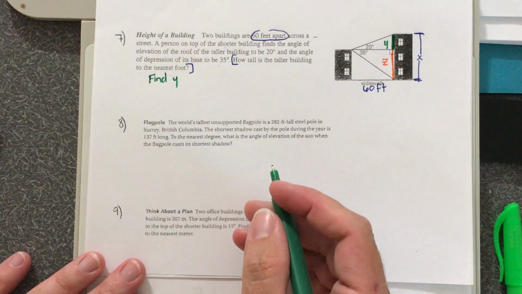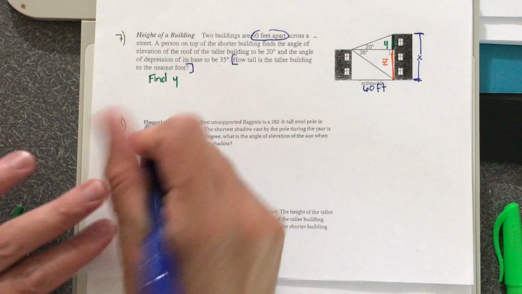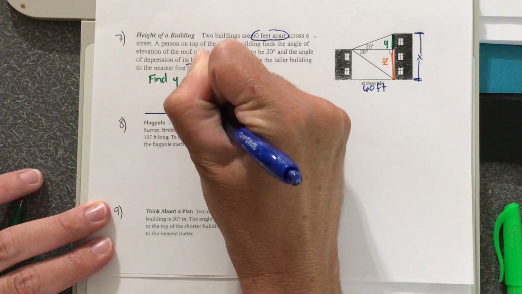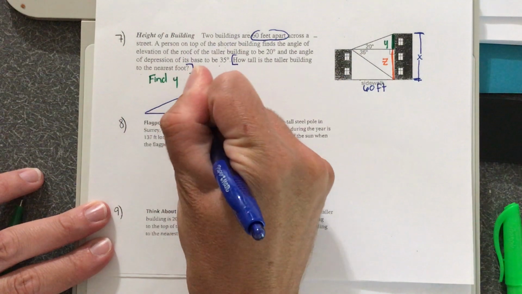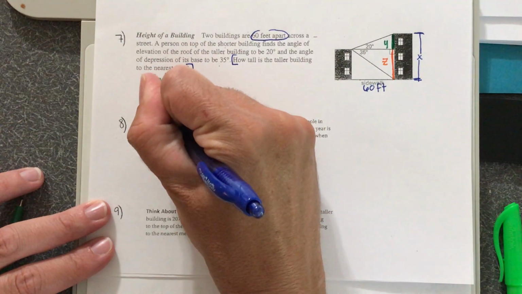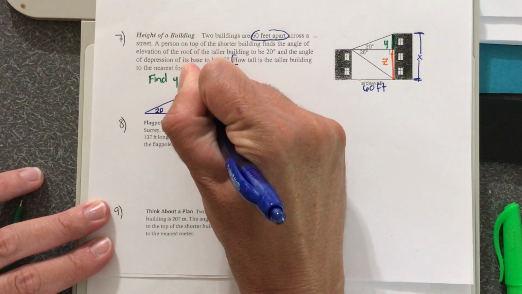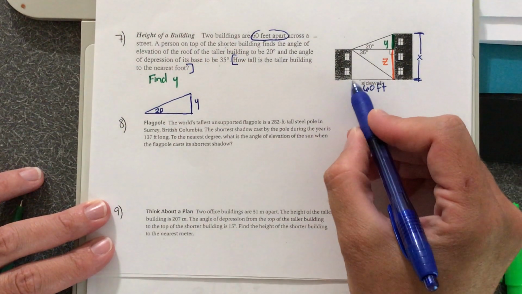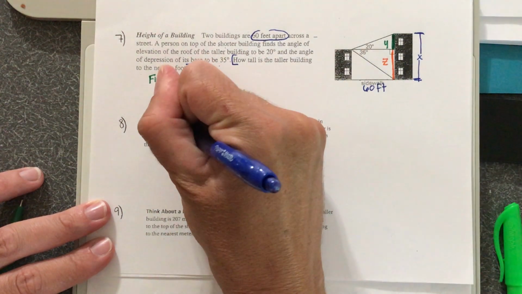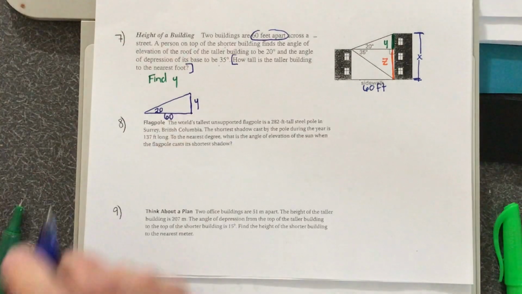So if I take my little picture that I have here, and just take a snippet of that picture, this angle is 20 degrees and this is Y. And because I know that the buildings are 60 feet away, then this also has to be 60.